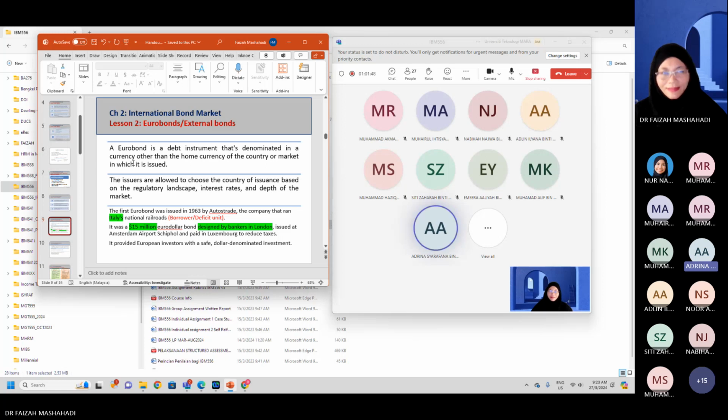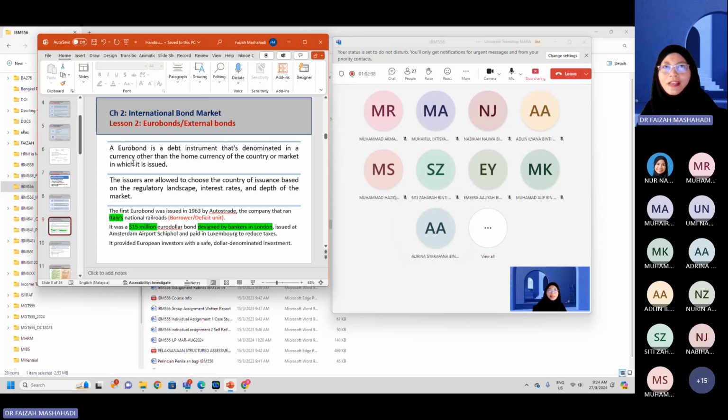Proton issues a bond in Singapore, denominated in the currency of the host country.